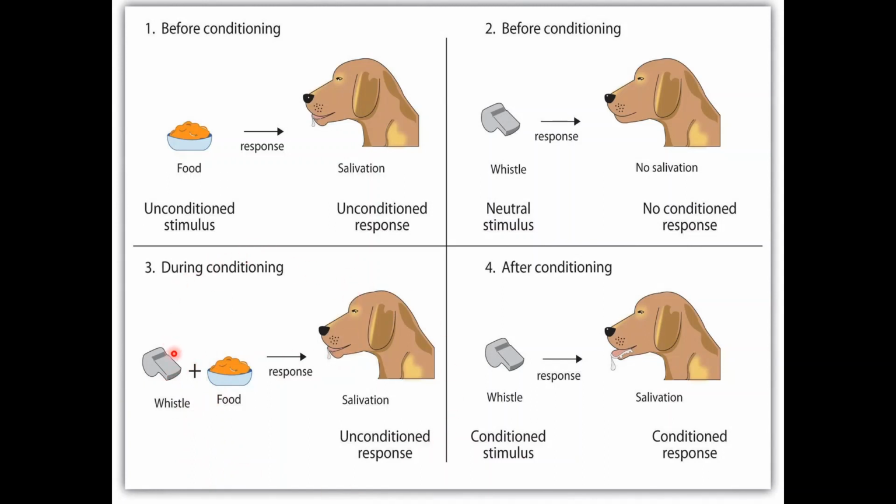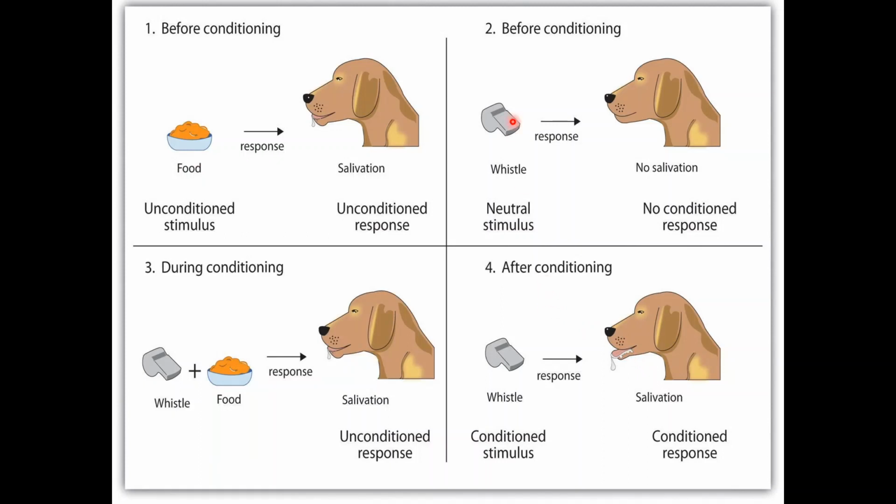After many trials of that, the whistle now elicits that same reflexive response. It's now a conditioned stimulus, because we have learned that the whistle means food, and it causes the same response, the conditioned response, as that unconditioned stimulus did and still does.